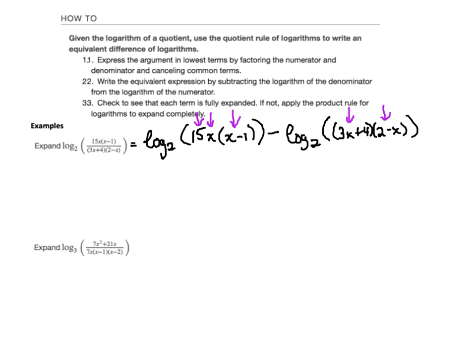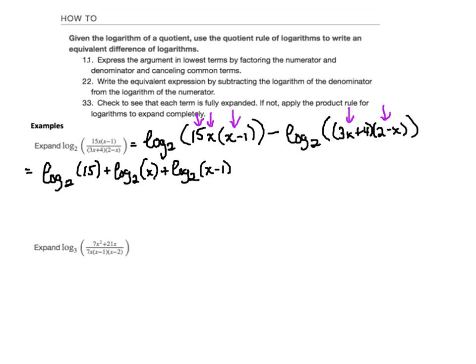So I could expand this out further and say this is the same thing as log base 2 of 15 plus log base 2 of x plus log base 2 of x minus 1.